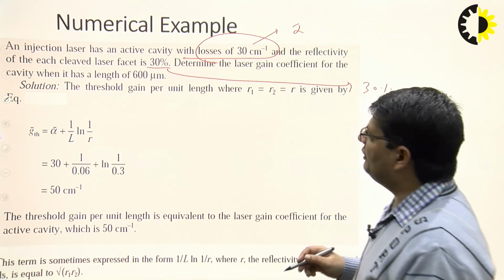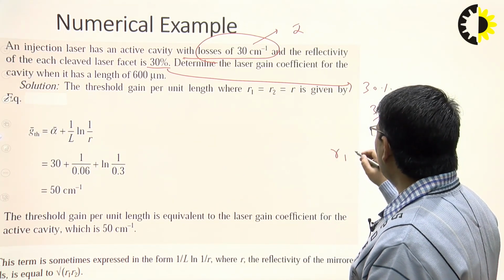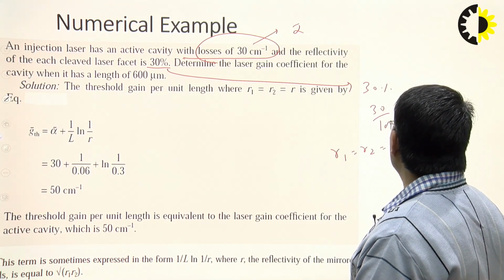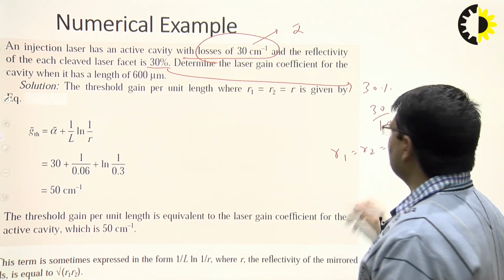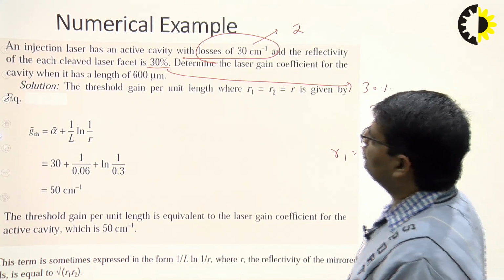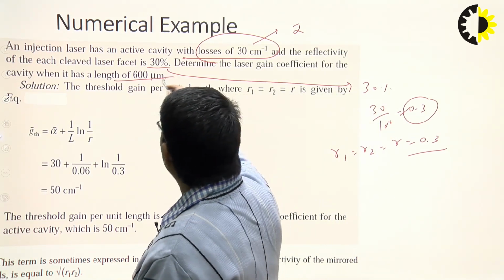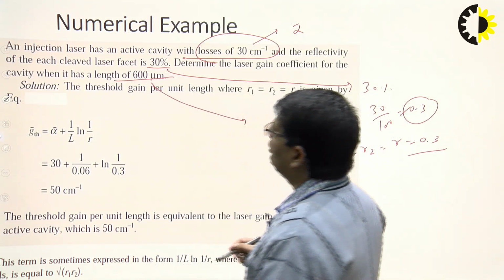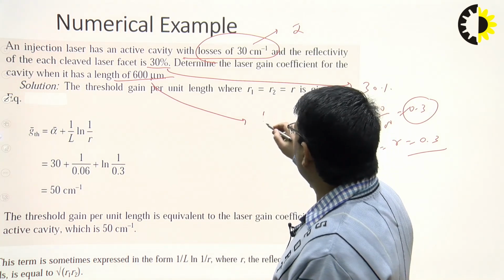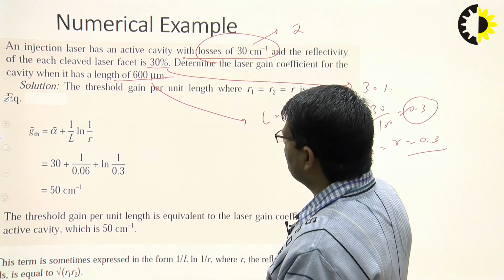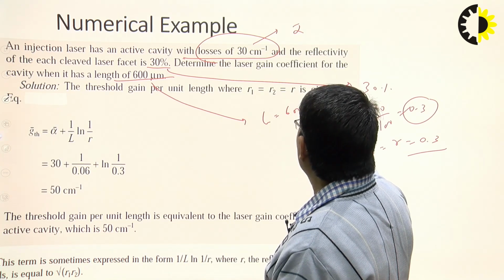The reflectivity of both mirrors, R1 equal to R2 equal to R, will be 0.3. The length of the cavity is 600 micrometer, so L equal to 600 micrometer.